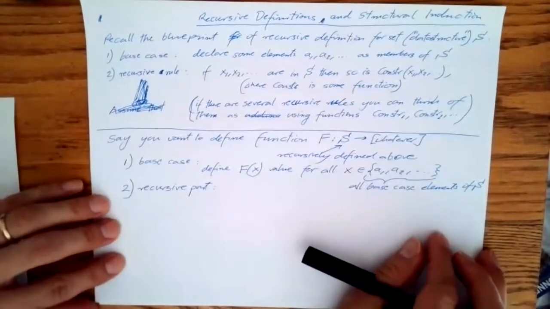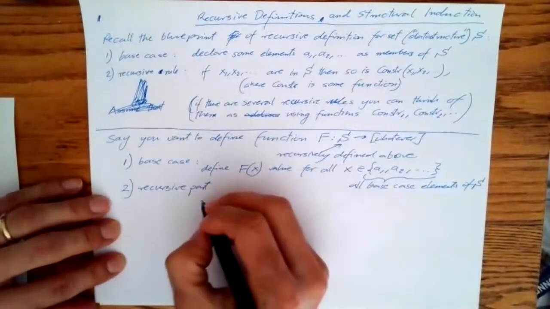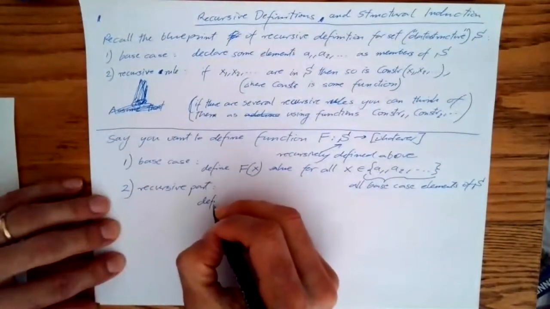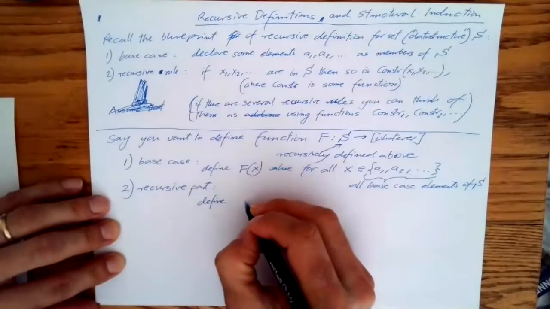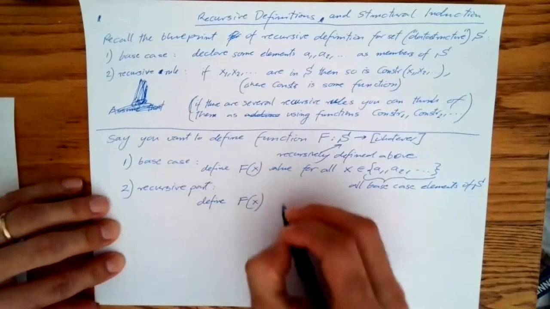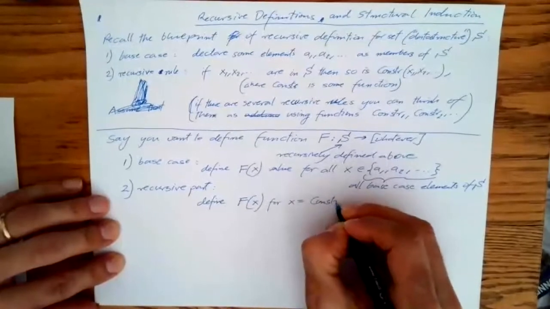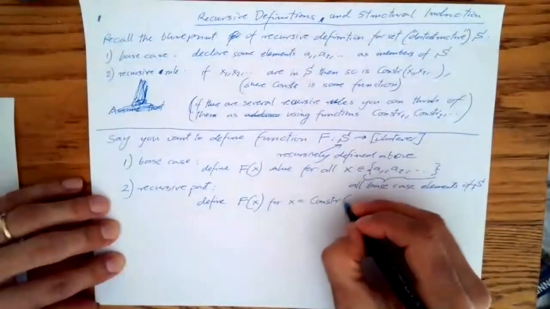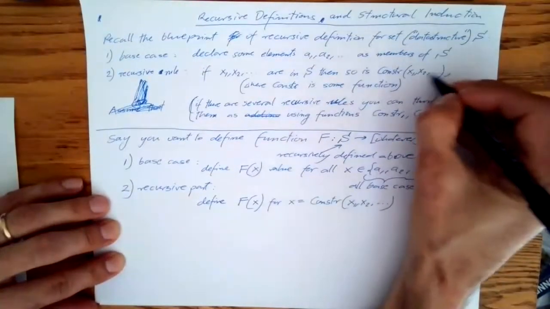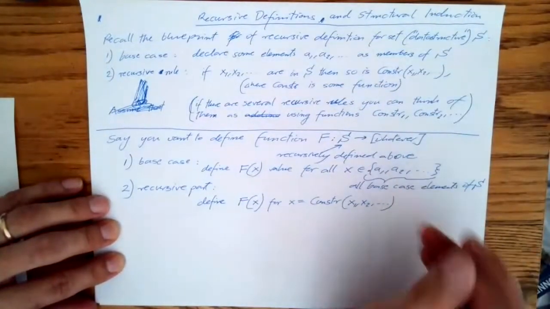Maybe the book has some name for it, but it's the recursive part of the definition: define f of x, for x which is equal to this construct function on arguments x1, x2, however many there are, and it's usually no more than 2, right?